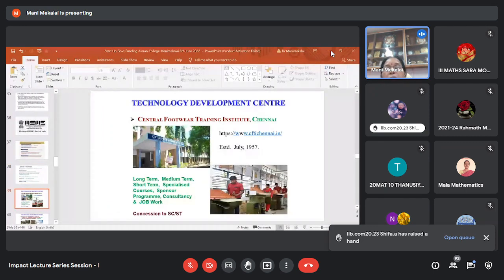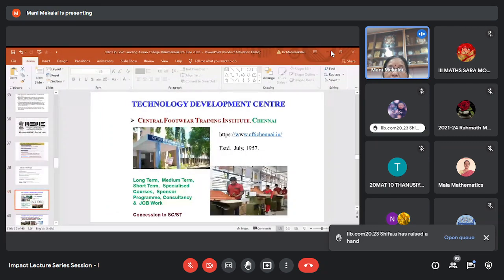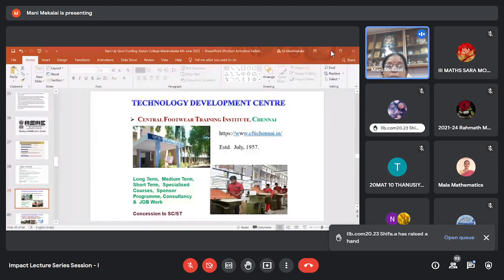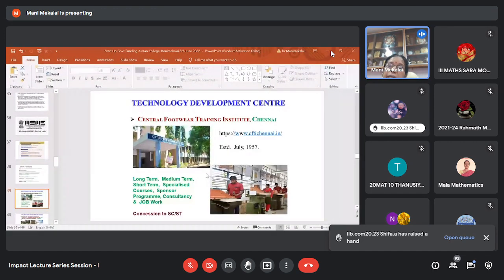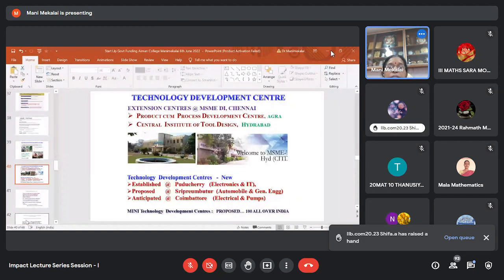And you also have the Technology Development Center, in Tamil Nadu, in Hindi, the Central Group for Technology Training. We also invited them to offer training here in our university campus. There are new extension centers also for MSME, in Agra, Hyderabad, and newly established technology development centers in Puducherry, Sriperumbudur, and Coimbatore also.